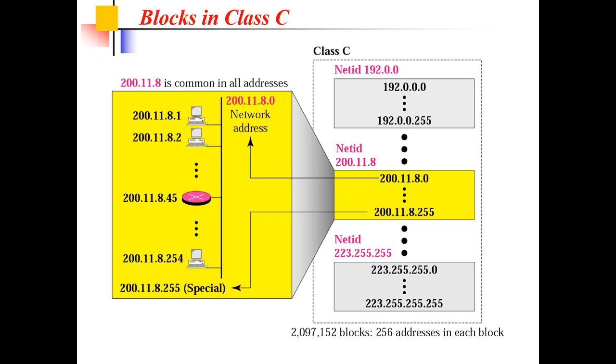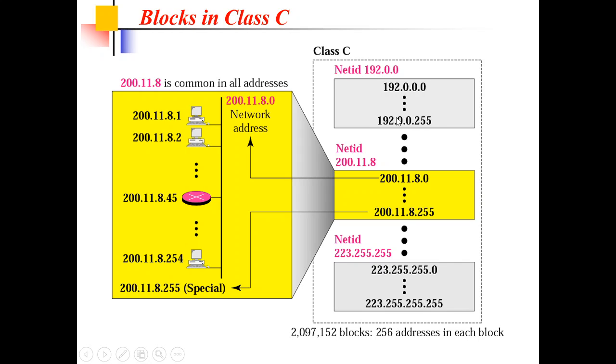Now class C. Here the network ID starts with 192.0.0.0 and the last network ID is 223.255.255. So there are so many networks, and in each network you will have host IDs from 0 to 255, that is 192.0.0.0 to 192.0.0.255.